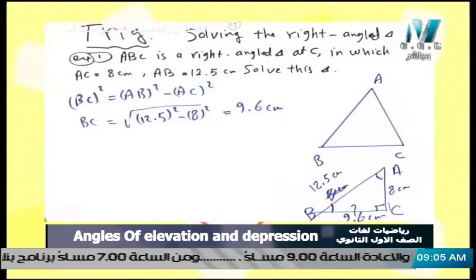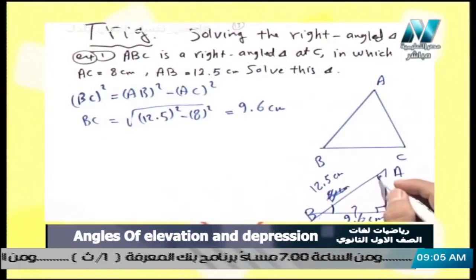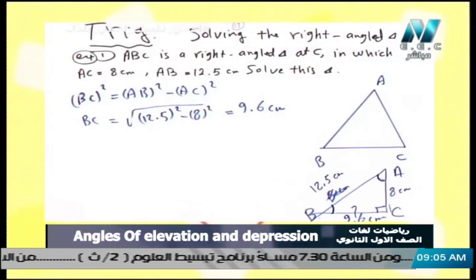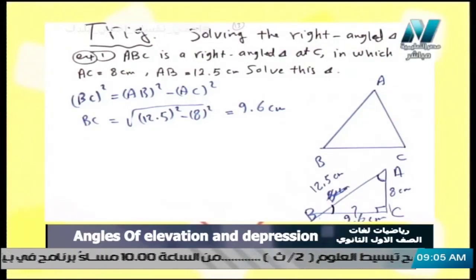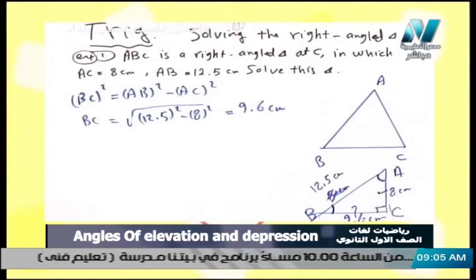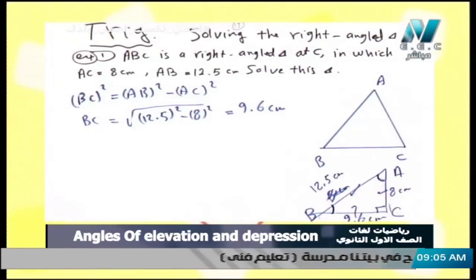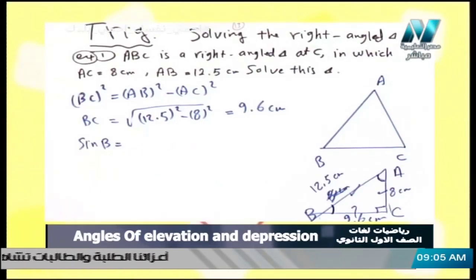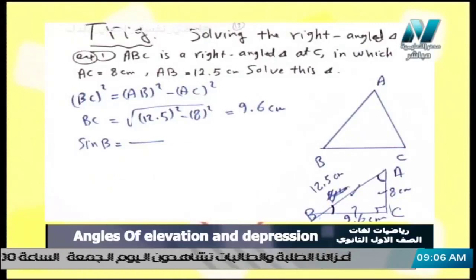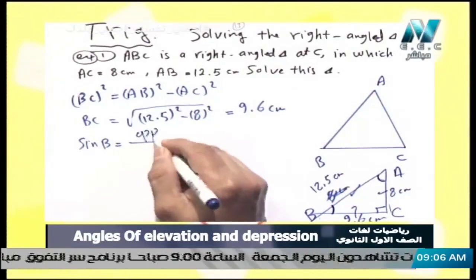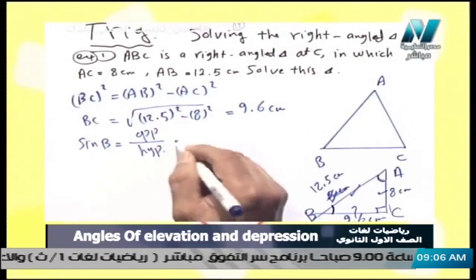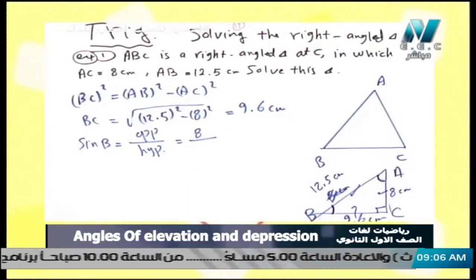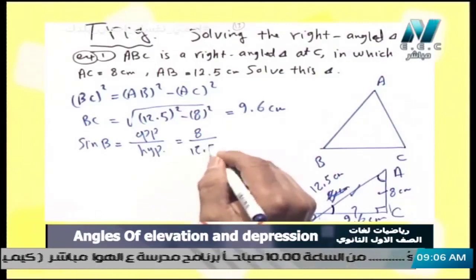And also we will find the angles, the angle A and the angle B. How can we find the angle A and the angle B? Starting with the angle B, we have the opposite here, and we have the hypotenuse here. We will say that sine of the angle B equals opposite over hypotenuse. Opposite here is 8 and hypotenuse is 12.5.